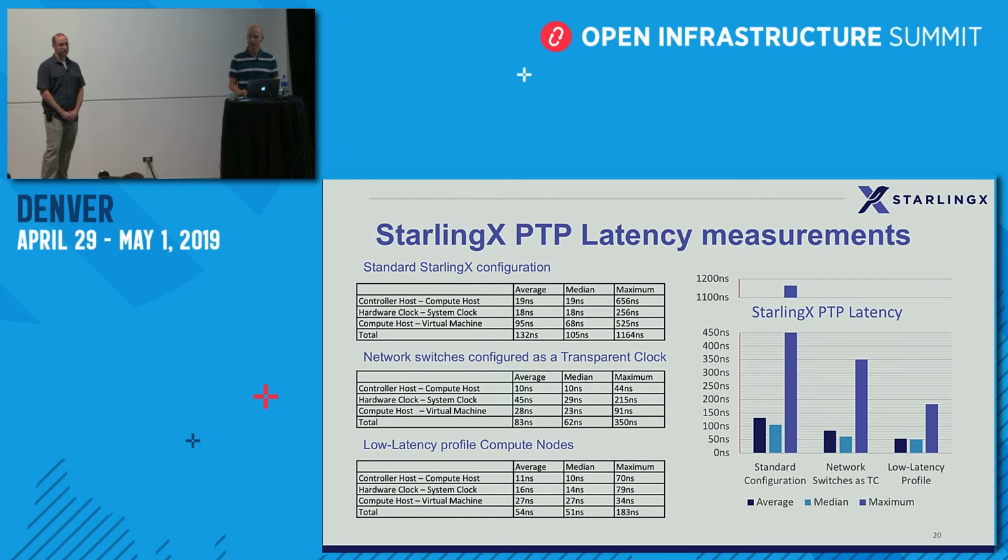Plus, you get VM pinning to not interfere with the OS scheduler on the VM-only cores. And having both network switches as the transparent PTP clock and the low latency profile, we can reduce the latency down to 150 nanoseconds. And the average is about 50 nanoseconds, which is great.